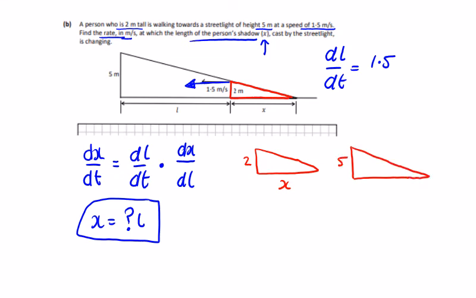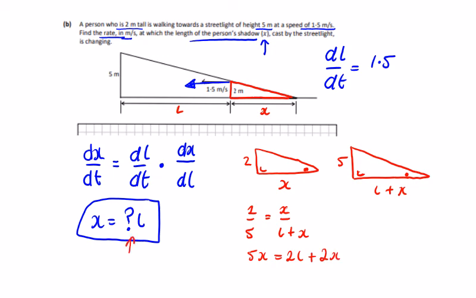We have a 5 and the bottom is L plus x. Using these similar triangles, because that angle is the same, the right angle is the same, and the third angle has to be the same, we can say that 2 over 5 is equal to x over L plus x. So 5x is equal to 2L plus 2x.